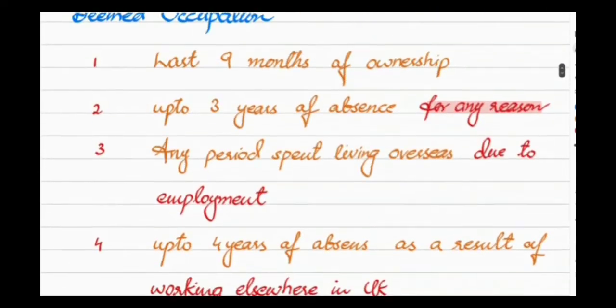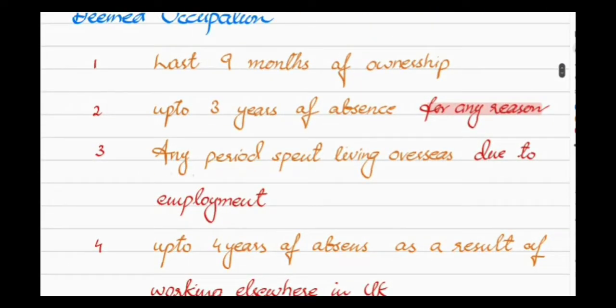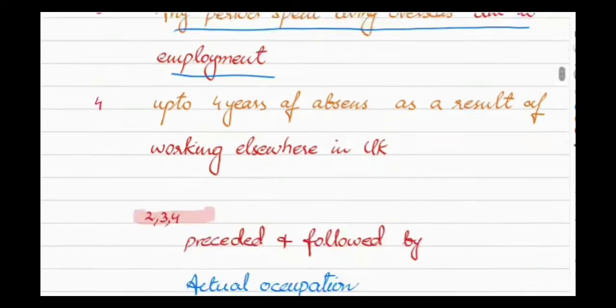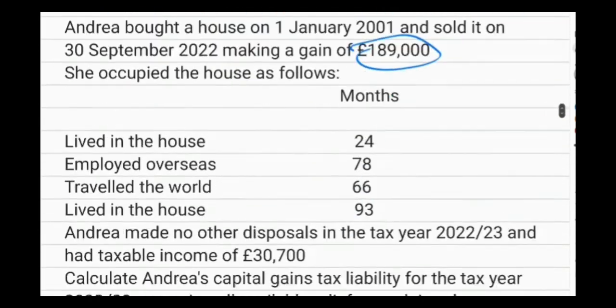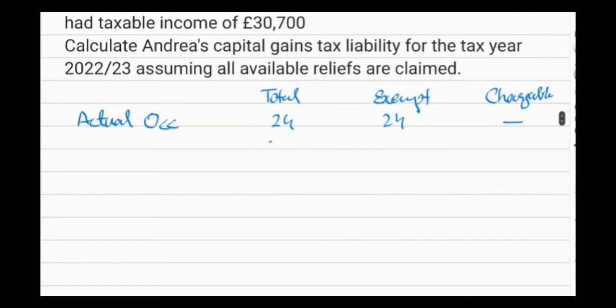And what is the rule about employed overseas? It is any period spent living overseas due to employment. Any period. So all the period is said to be exempt. Deemed occupation due to employment, right?